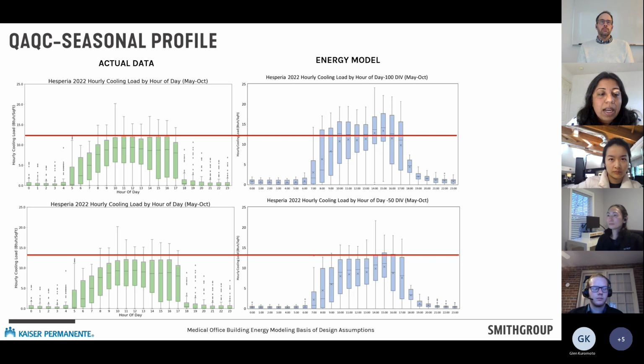As you can see, on the 100% diversity, obviously our loads were higher, like we saw before. On the 50% diversity, I think our loads match very closely, even the profile. So we were confident that the model is at least mimicking how the building is operating.